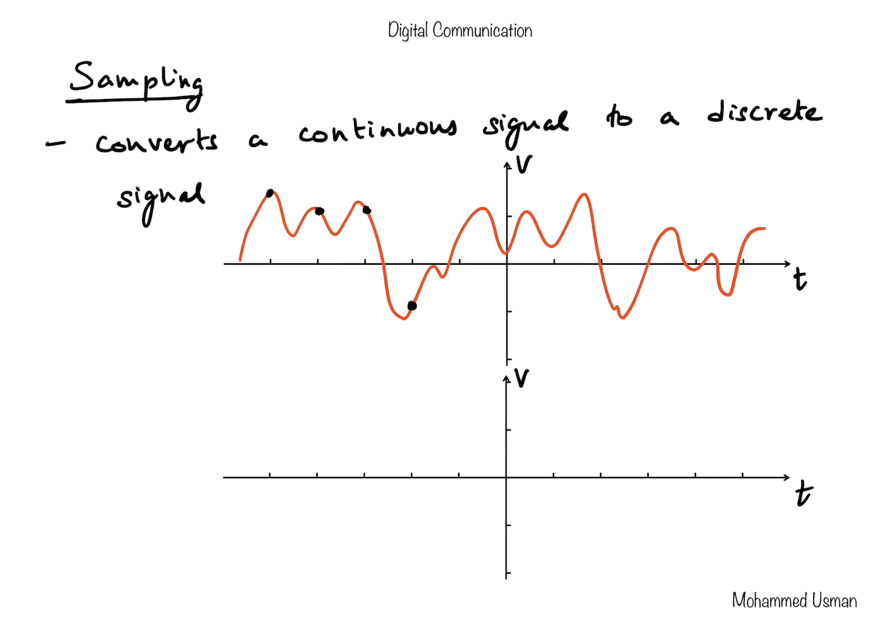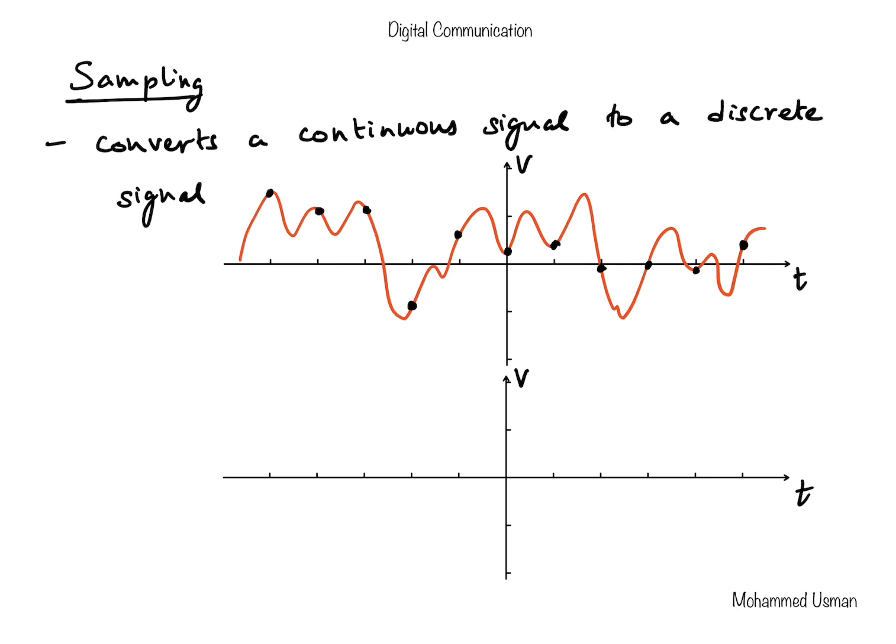So we call the measured value at the sampling instant the sample of the continuous signal. So that's our next sample, and the sample at this instant is here, and at this instant is here, and at this instant it's pretty much 0, and here also it is crossing the 0, and here it's here, and so on.